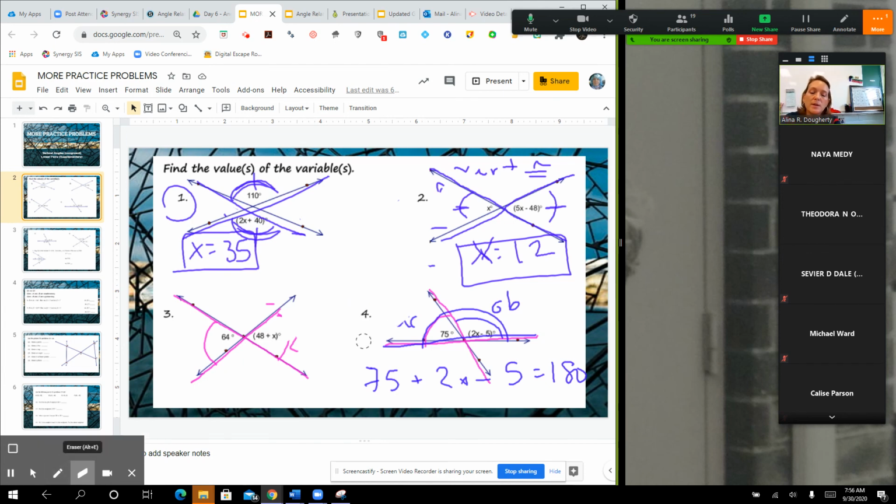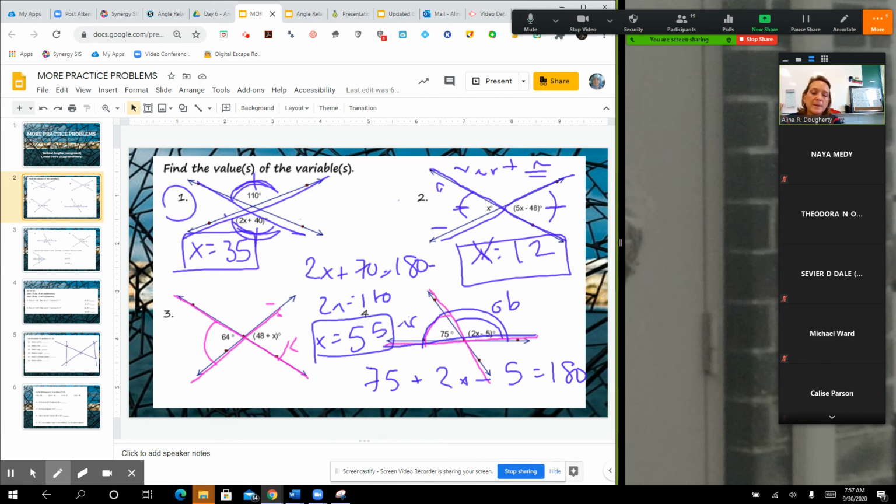You get 2x plus 70 equals 180, so 2x equals 110, and x equals 55. You want to take a crack at them yourself? I'm going to stop sharing.